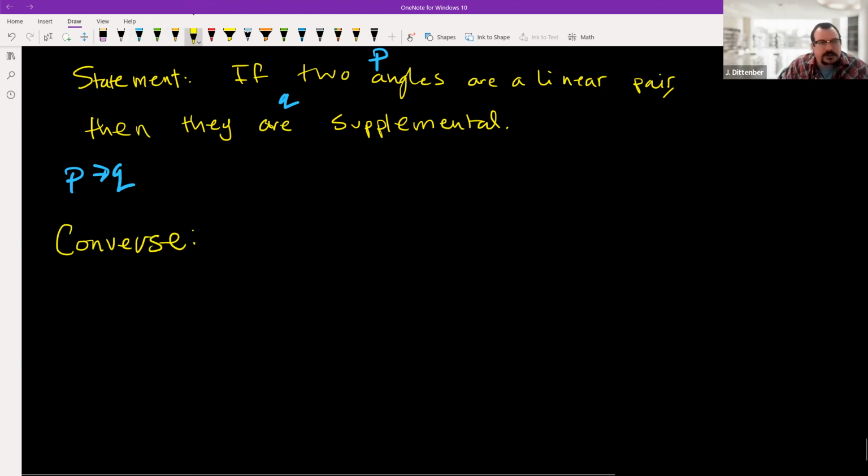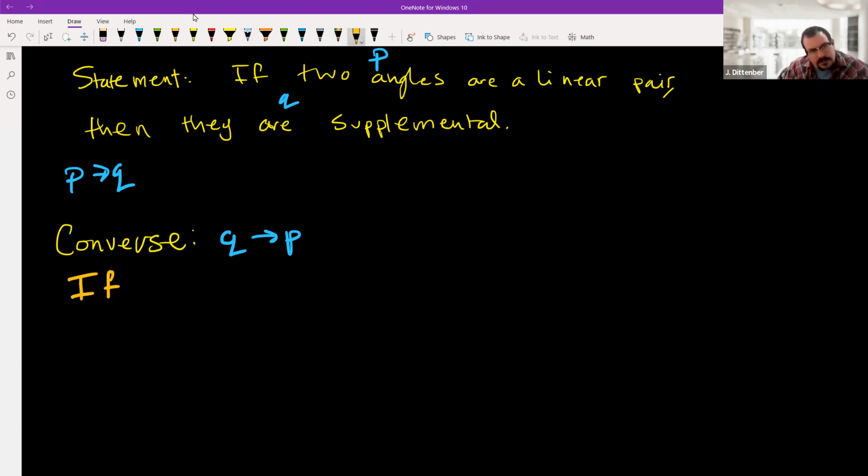Now let's look at the converse. We know the converse is going to be Q implies P. So how do we state the converse? Let me use a different color for the converse. How about orange?